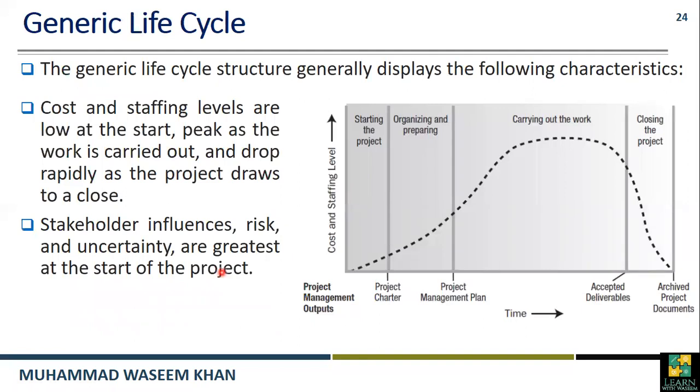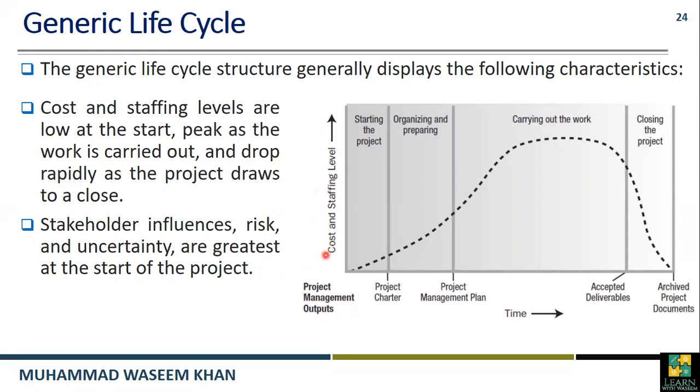So this is the generic life cycle, and I'm going to explain this graph. This graph is important because if you want to understand the project life cycle, you need to understand this graph. And obviously, it is a very simple graph as well.